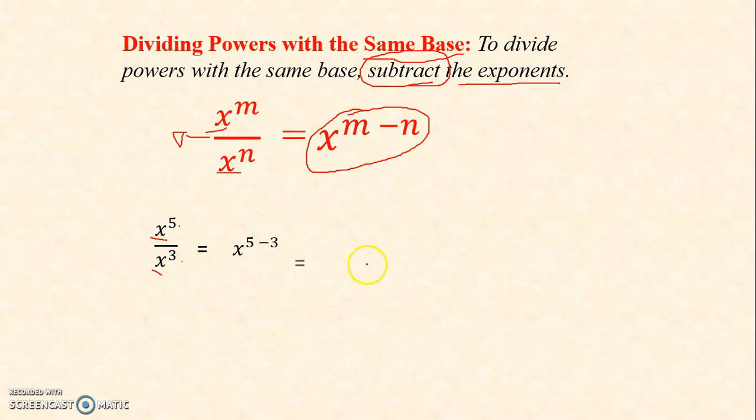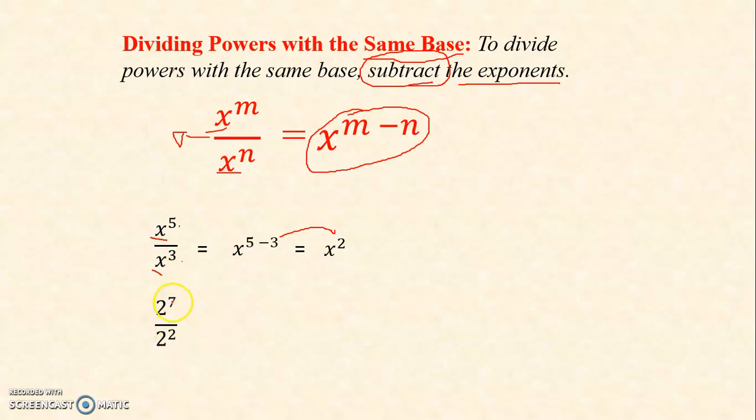So you now have x raised to 2 because 5 minus 3 equals 2. So that is so simple. If the operation between the two expressions is division, you just subtract the exponents. That's it.